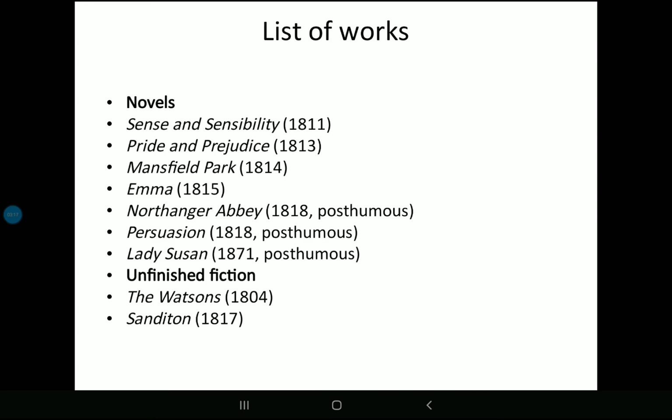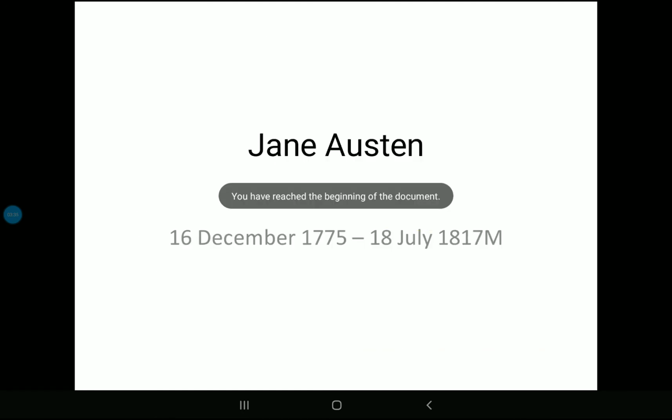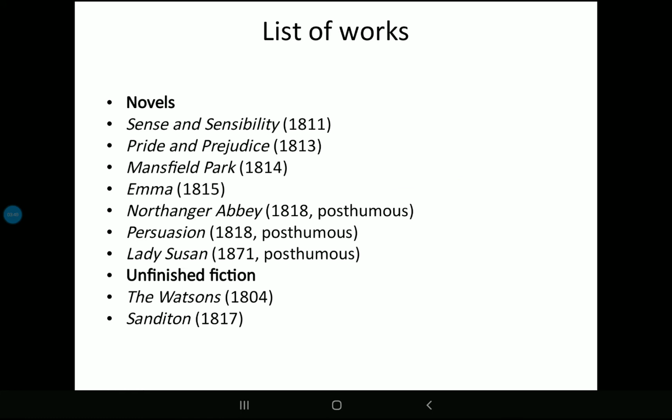Now the list of works I have mentioned here. You can see the names of the novels, which start from 1811 and continue till 1817. Though she passed away in the year 1817, some of the works were published after.